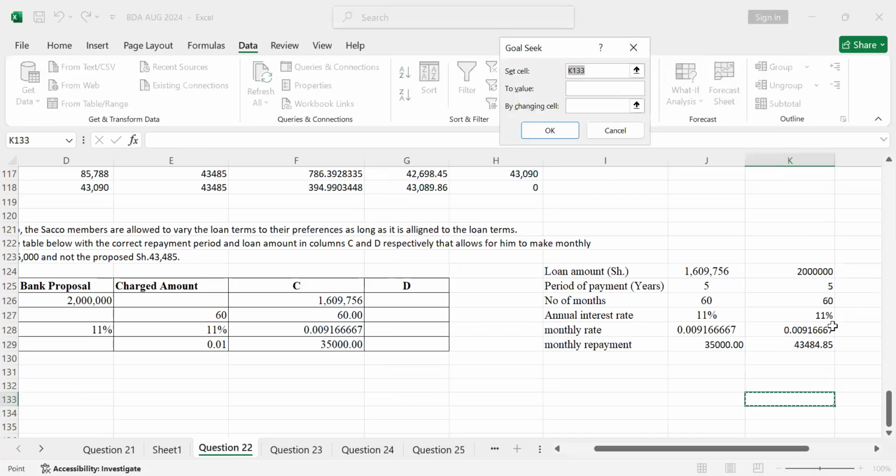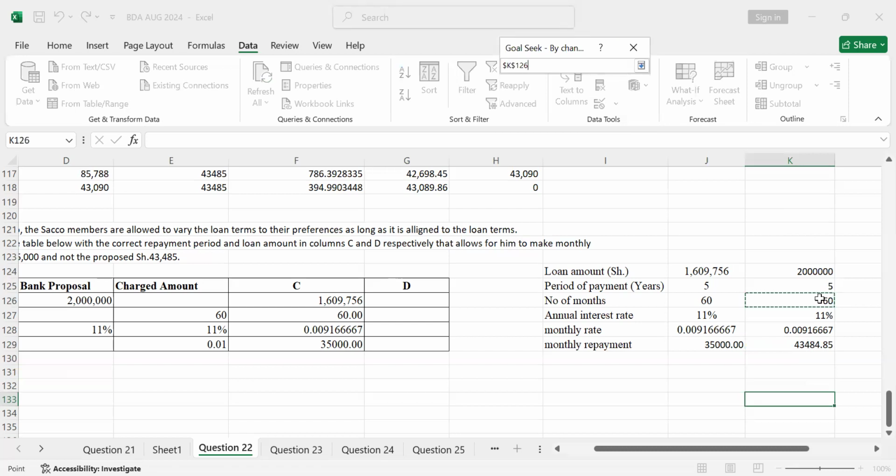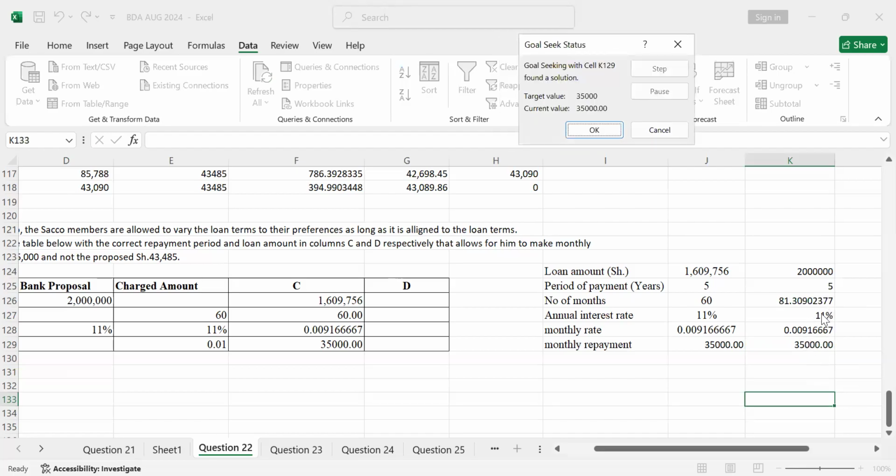What I want to check is here. I want to pay 35,000. But now the changing cell will be our period. Then you can press enter. If you say okay, you will see that you will pay it in 81.33 days.